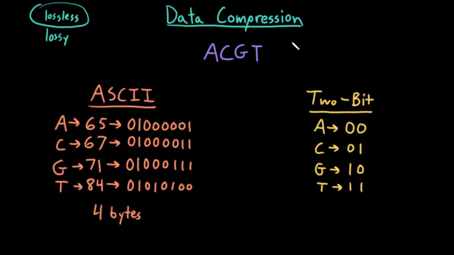Specifically, we can see that log base 2 of our alphabet size, log base 2 of 4, equals 2. So given my alphabet size of 4, I should be able to represent this alphabet using only 2 bits.